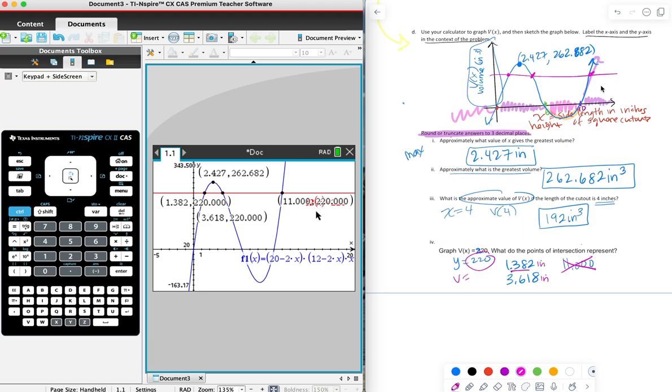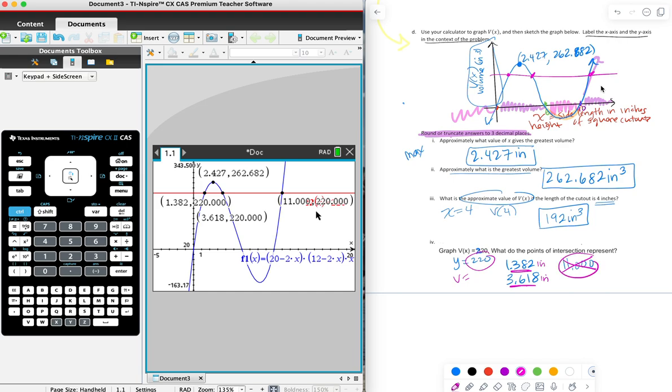So if I removed a square of 1.382 inches from each corner, then I would get a volume of 220 inches cubed. If I removed a square of 3.618 inches from each corner, at 3.618 by 3.618, I also get a volume of 220.